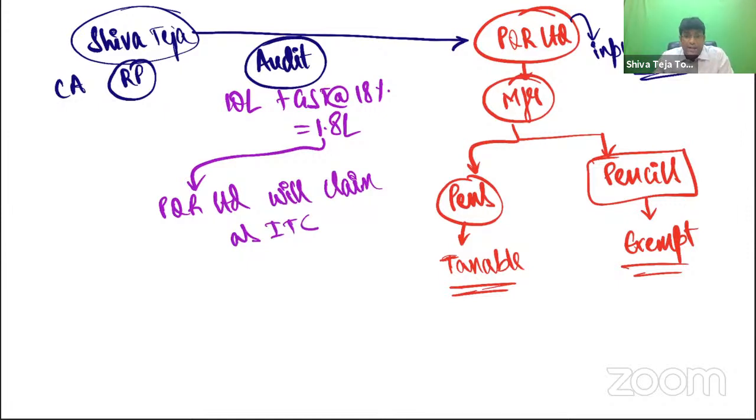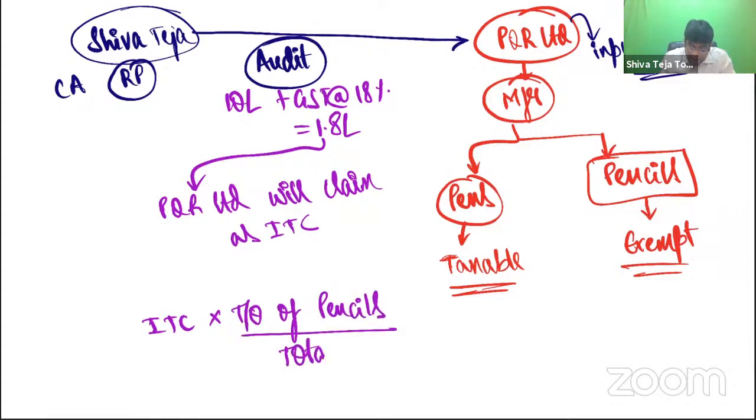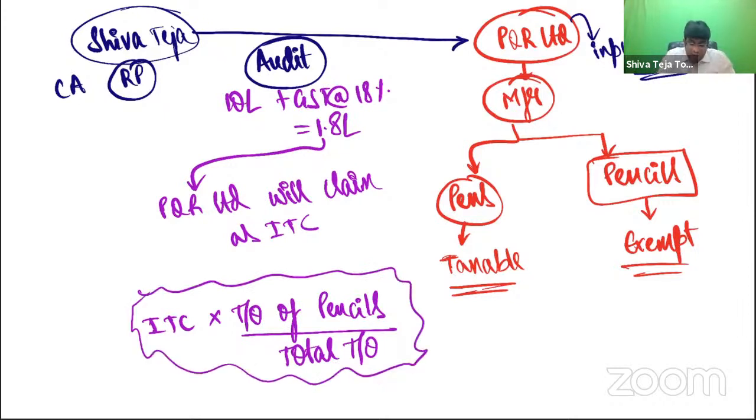Further, what they should do is see what is the ITC they have got, into turnover of pencils divided by total turnover.